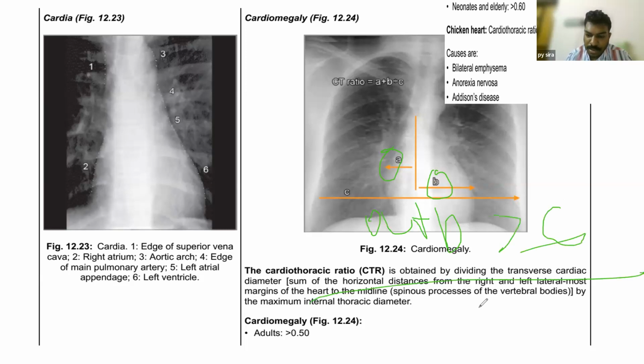A plus B compared to C is more than 50%, then it is going to be called cardiomegaly. That is a very, very important thing to note here.